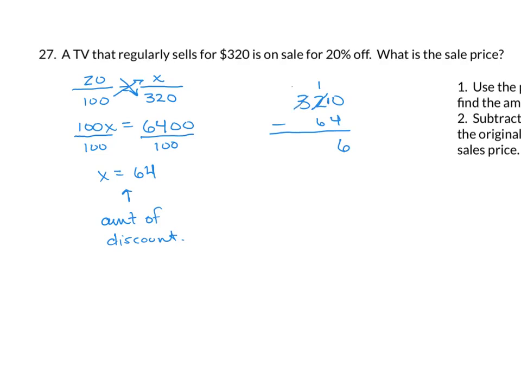We're going to borrow from the 3, make it a 2. The 1 becomes an 11. 11 minus 6 is 5. And we bring down our 2. So $256 is the sale price.